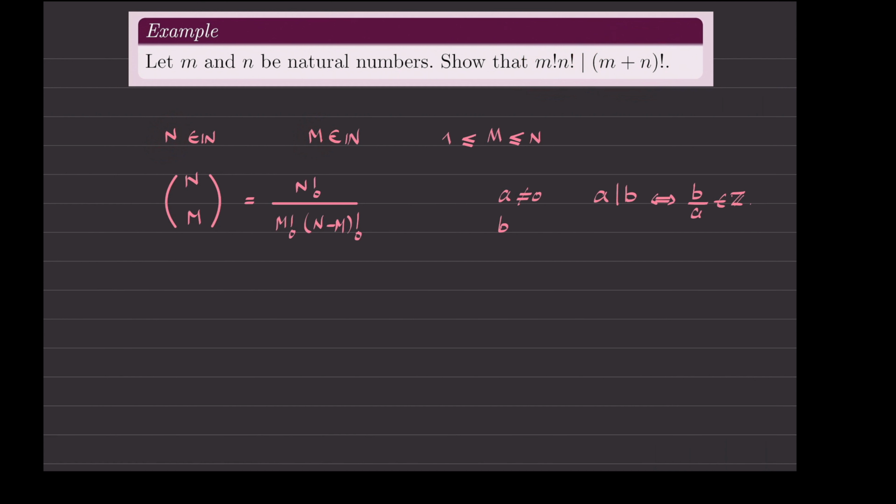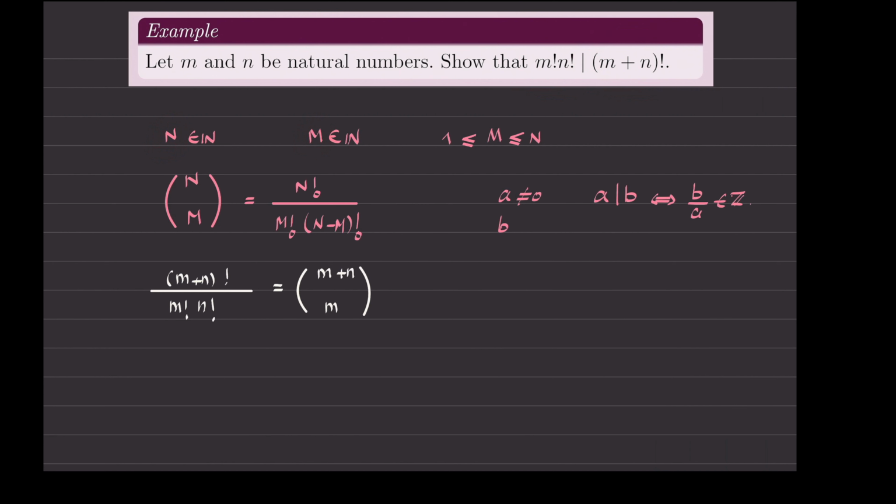That's very simple now. Why? Let me choose the original color here. I take the number on the right and divide it by the number on the left. My claim is that this is an integer. But this can be immediately seen as a binomial coefficient whose top number is m plus n and the bottom number is m. Yes?